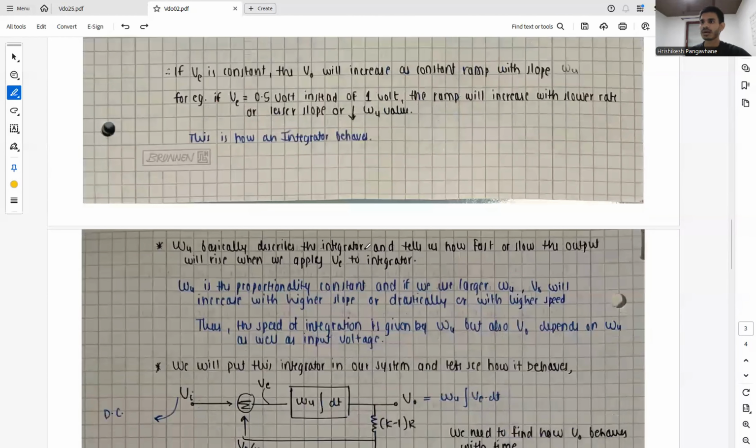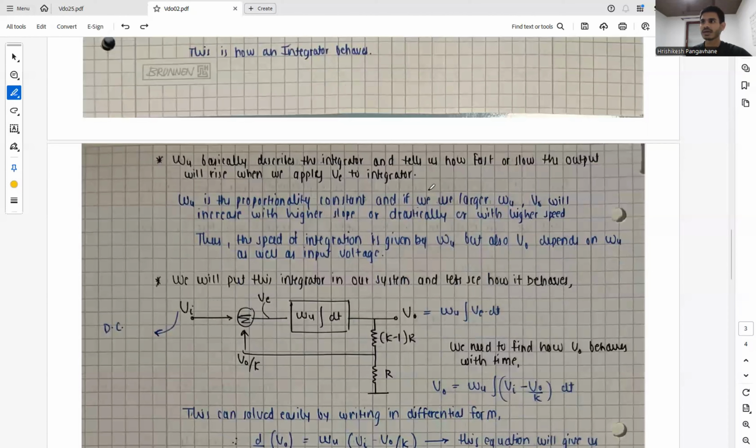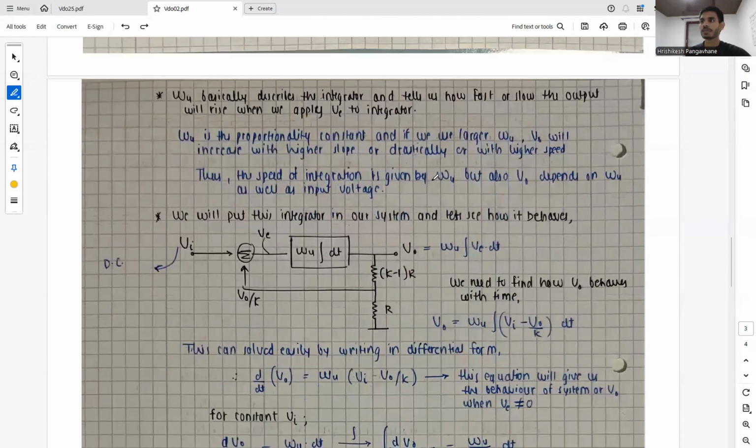Omega u is a proportionality constant, and if we use a larger value of omega u, V naught will increase with higher slope, or more drastically, with higher speed. Thus the speed of integration is given by omega u, but V output also depends on the input voltage. So we will now put this integrator in our negative feedback system and see how it behaves.